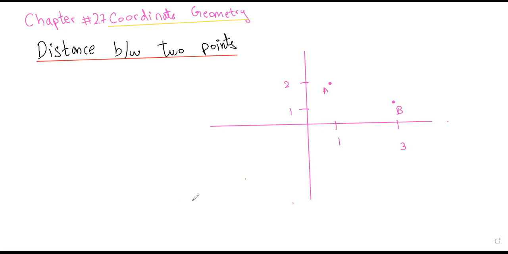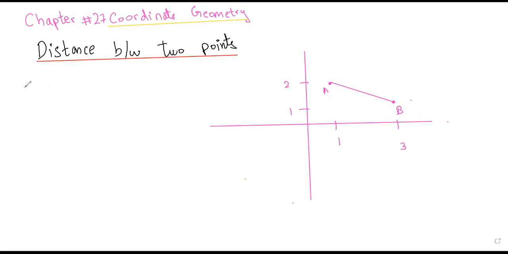So first let's see what exactly distance means. Distance means this length, the length between these 2 points A, B. Okay, I'll make a straight line and I need to find the length of this line. Obviously, the length of this line and the distance between these 2 points is the same thing, right? So the formula is, I'll write down the general formula.